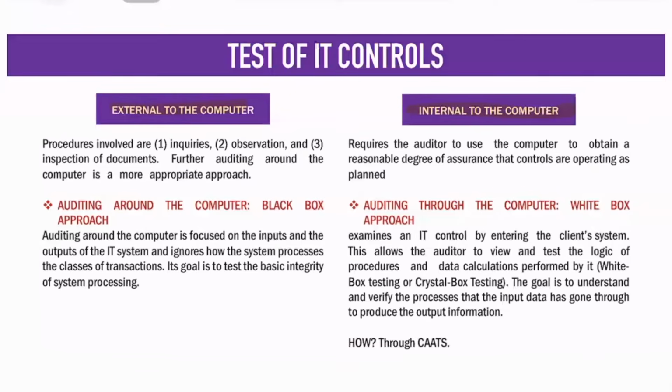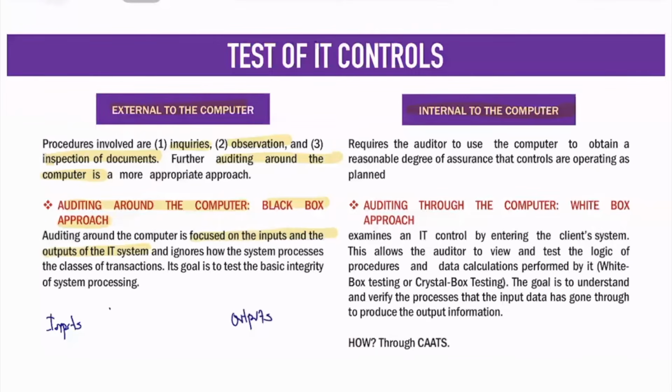These procedures involve our inquiries, observation, and inspection of documents. Further, we have your auditing around the computer. Auditing around the computer is also known as your black box approach. So in your black box approach, it is focused on the inputs and the outputs of the IT system. So here, inputs and outputs.